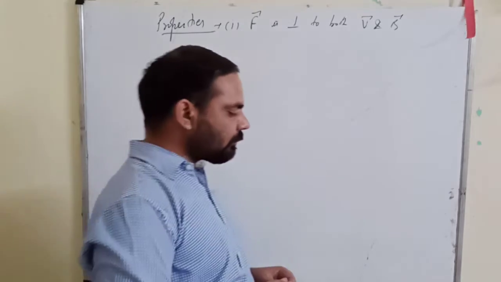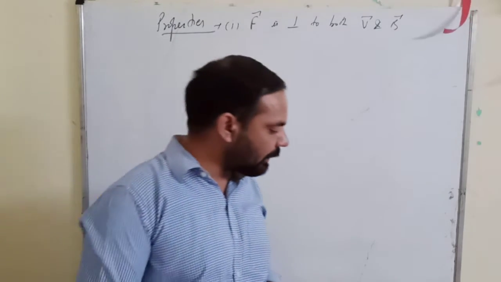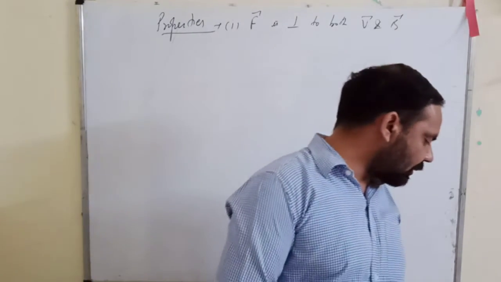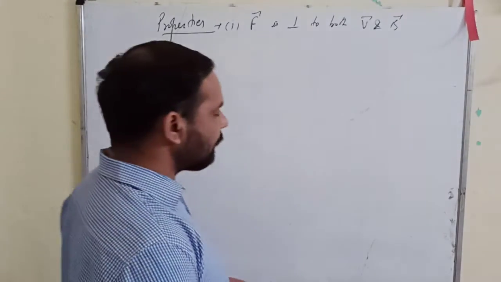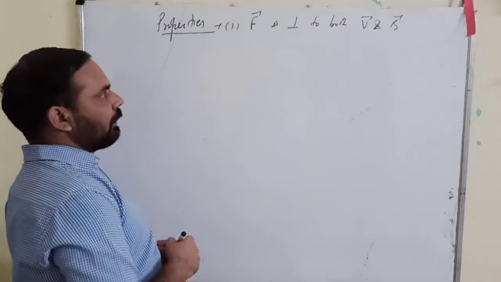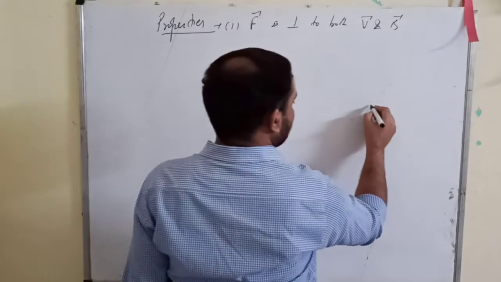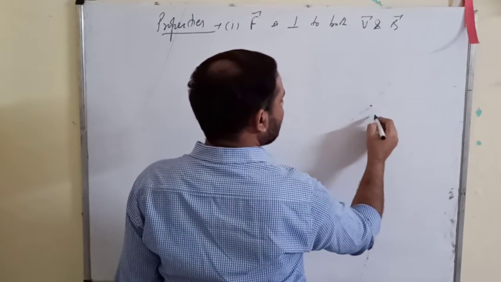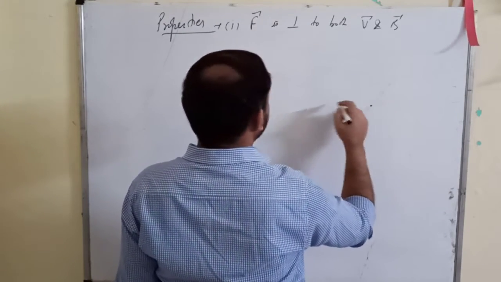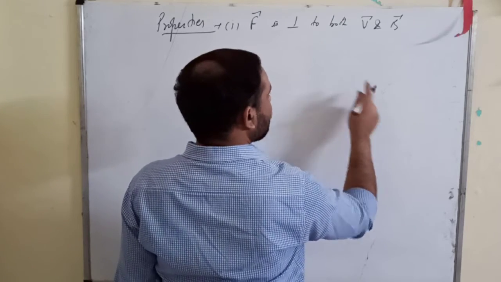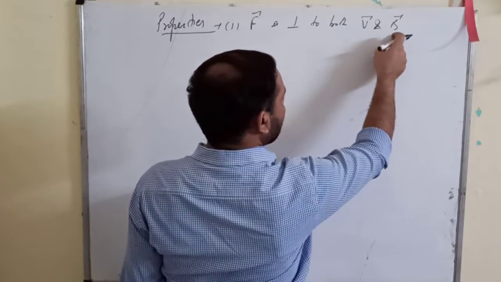Okay. Now magnetic Lorentz force does no work on the charge, as it acts always perpendicular to the motion of the charge. Suppose you have a charge and it enters inside the magnetic field, then the magnetic Lorentz force will always be acting perpendicular to it.